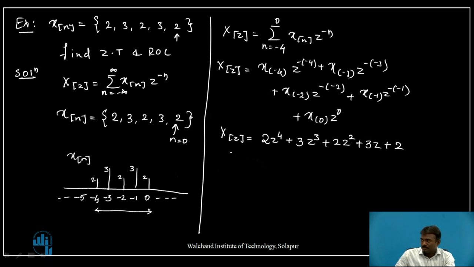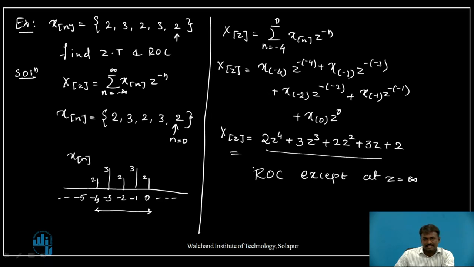From this X(z), we can conclude that the ROC is the entire z plane except at z equal to infinity. Because if I substitute z equal to infinity, the first 4 terms will be equal to infinity and X(z) will not converge for the given z values. Therefore, X(z) does not exist here.